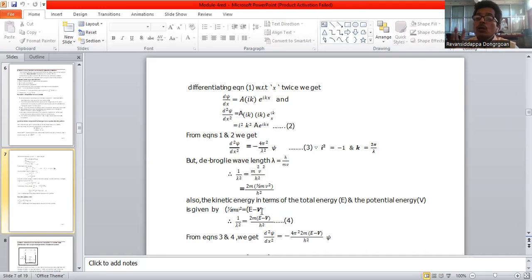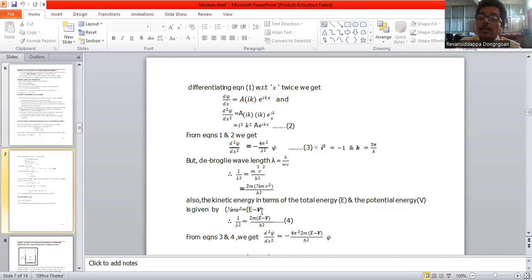If you subtract the potential energy from the total energy, the remaining value is the kinetic energy only. Therefore, kinetic energy, half mv square, is equal to E minus V.